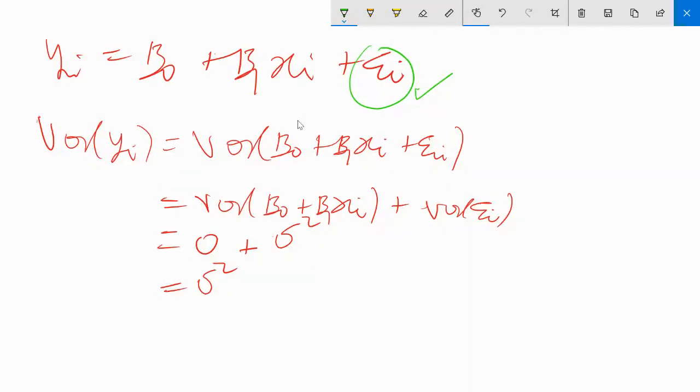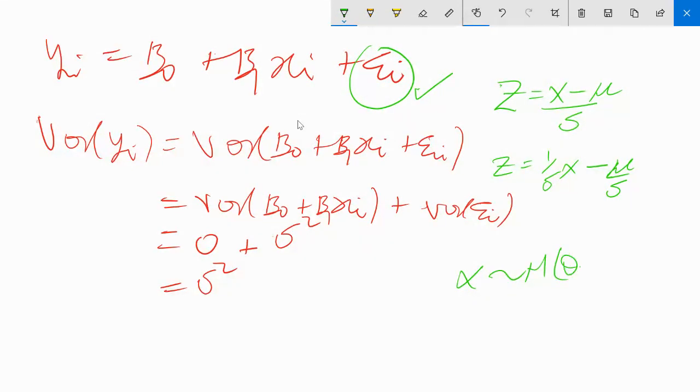You all know this. When you standardize, you say z is equal to x minus the mean, and then you divide by the standard deviation. And this can be written as 1 over sigma times xi minus mu over sigma. And x was a normally distributed random variable with a mean mu and a variance sigma squared.